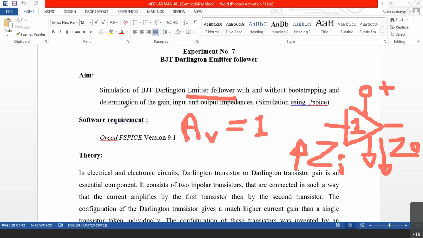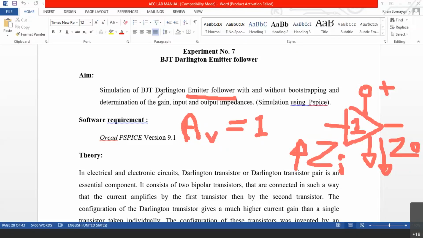So today's experiment is the Darlington emitter follower. Darlington is the name of a scientist who constructed the emitter follower with two transistors. In the theory class, you have seen the emitter follower, also called the common collector configuration, with only one active device.